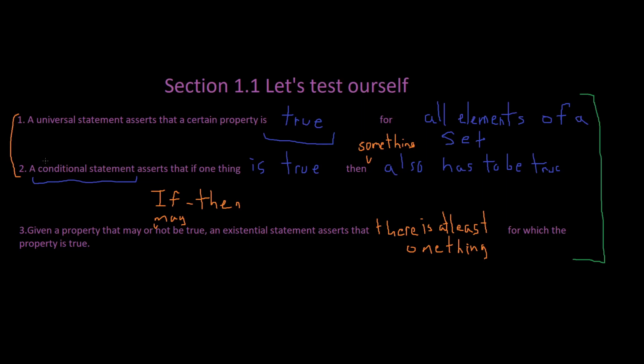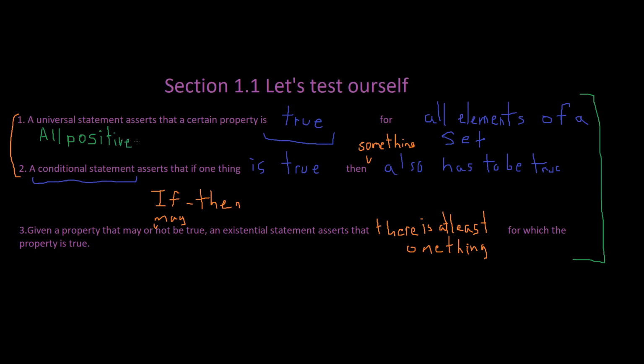And so let's take a look at an example for a universal statement. So we can say all positive numbers are greater than 0. And so let me put out an example first, and then I'm going to explain how the definition is related to our example. And so let's see.